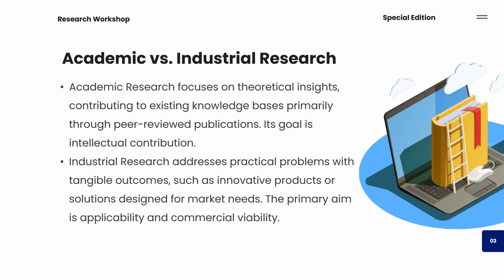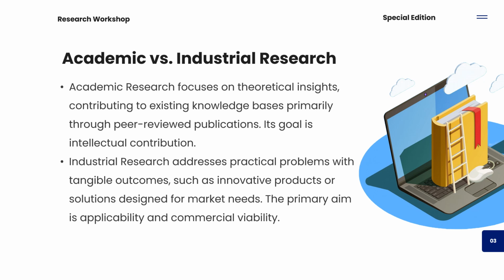Academic, as the word implies, has to do with focusing on certain theoretical insights where you peer review your publication, your writing or your article, and then you present this knowledge. You defend this knowledge, be it in a conference, be it in seminars, what have you. You present your knowledge that you've acquired for the world to know.